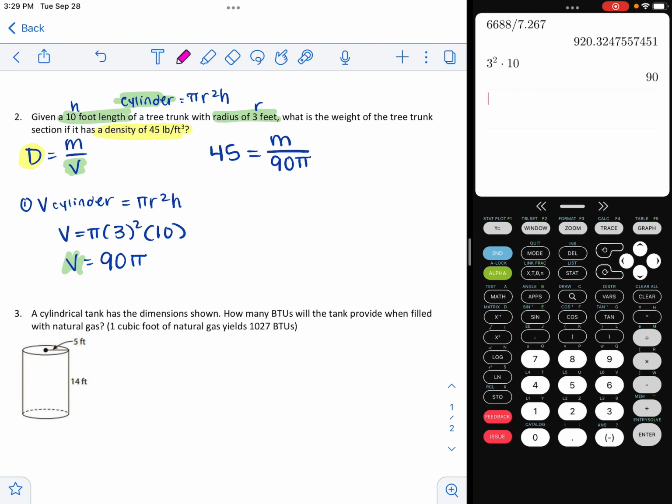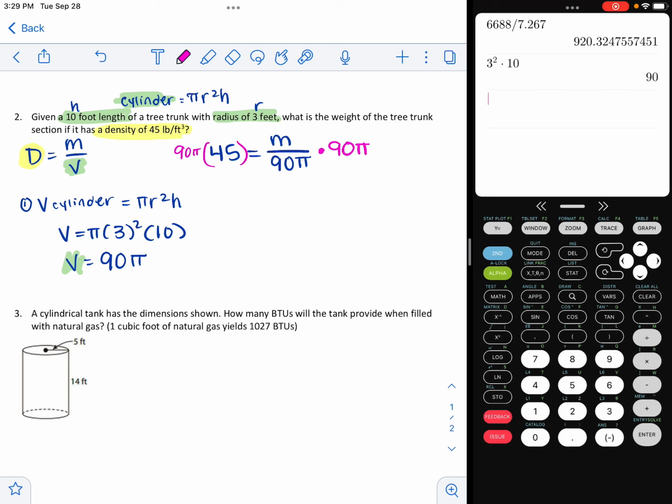And now I'm going to solve this. To get m by itself, I want to cancel out the 90 pi. Notice it's in the denominator. So to cancel it out, because it's being divided by 90 pi, I can do the opposite, which is to multiply by 90 pi. Now remember, whatever I do to one side, I have to do to the other. So I'm also going to come over here and multiply by 90 pi.